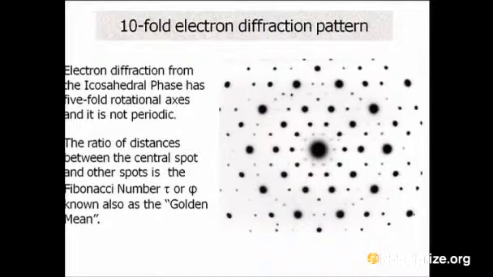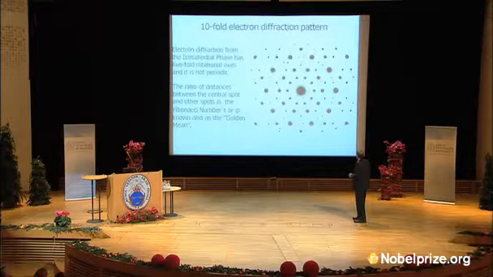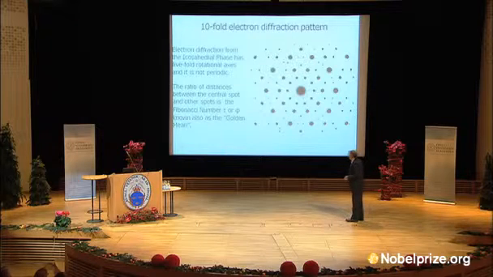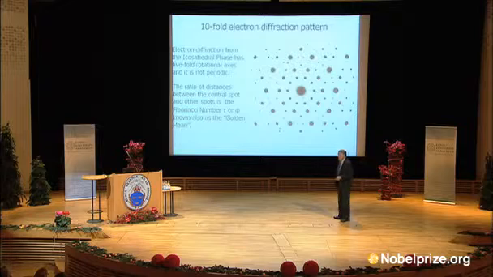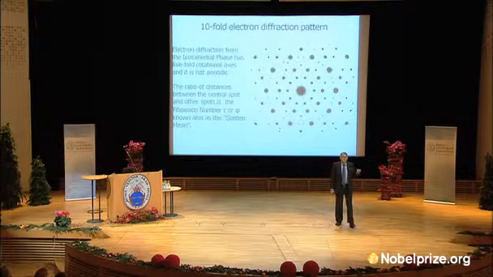So there is no periodicity in this order. And it turned out that the ratio of this to the center and this to the center is the golden mean, or the Fibonacci number, tau, or phi, which is an irrational number. Welcome irrational numbers to the field of crystallography. Another problem.